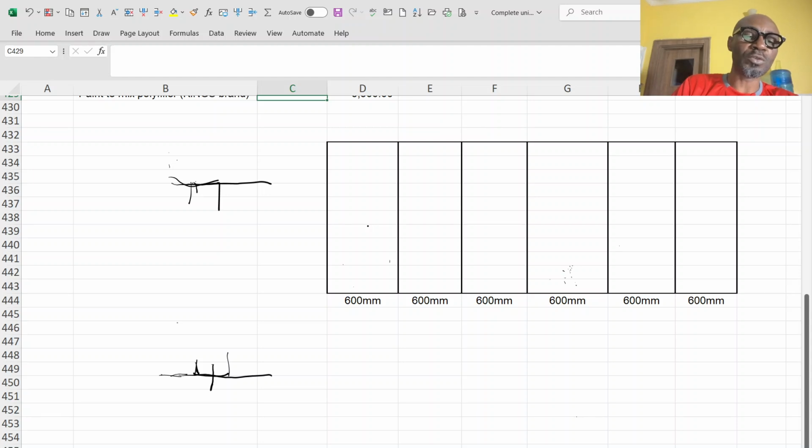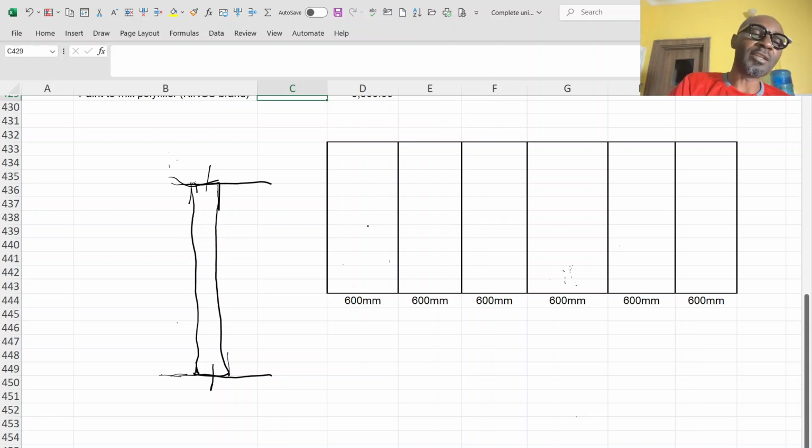So you are going to screw this to the floor. You are going to screw this to the upper slab. Then the 48 profile, U profile, is now going to run this way.